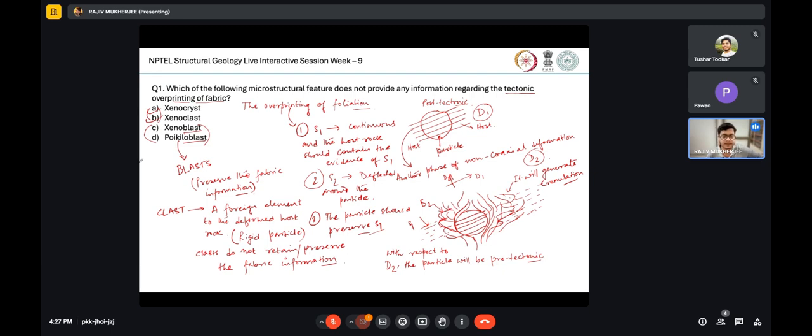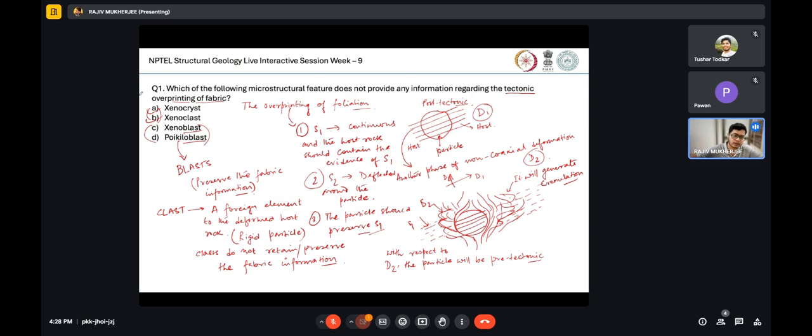So xenocryst is the term most commonly used for undeformed or pristine igneous rocks, which are unmetamorphosed. But xenoclast refers to a broader range of terms, right? It can range from a single grain of mineral to a polycrystalline aggregate.